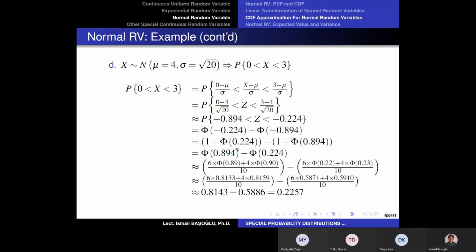So we are going to subtract the CDF value at 0.224 from the CDF value at 0.894. For both values here, we need to apply a linear approximation to get a more reliable result. And then the result is going to be 0.2257.